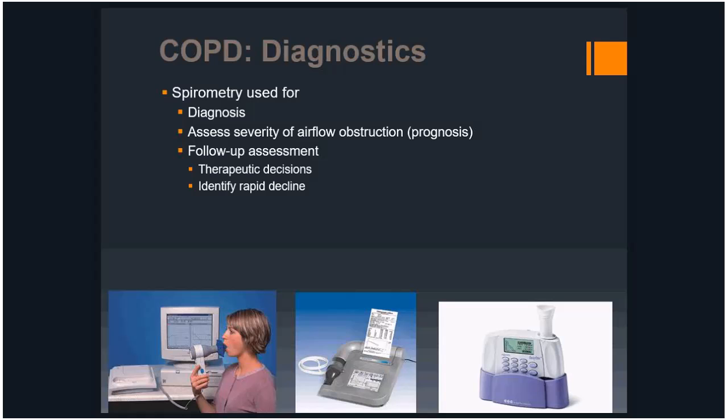From a follow-up standpoint, after the patient has been diagnosed, there is typically spirometry at least annually or more often if needed. It is used to make therapeutic decisions, but also to identify rapid decline. In some COPD patients, based on the spirometry, there may be decline occurring that is not as noticeable to the patient.